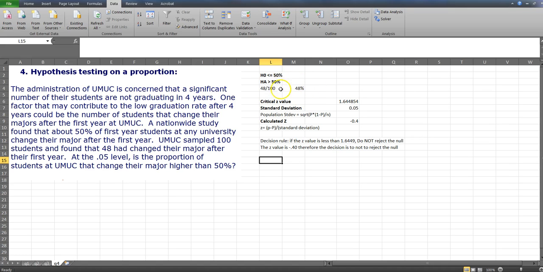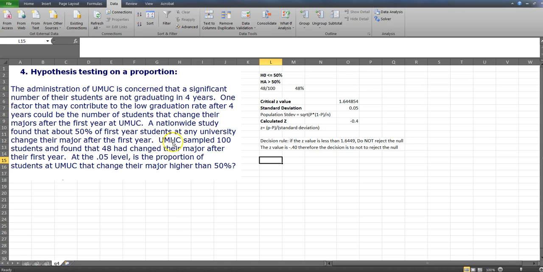We're given the 50%, and again, remember our decision rule notation. We have a null hypothesis here, and I want to point something out. It says less than or equal to 50%, so a little bit different from when I said there's no difference.